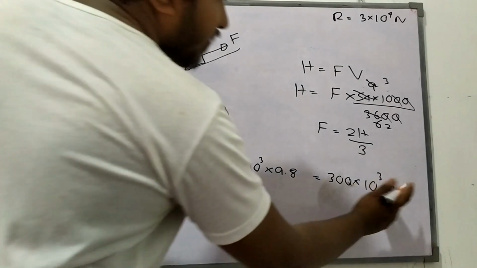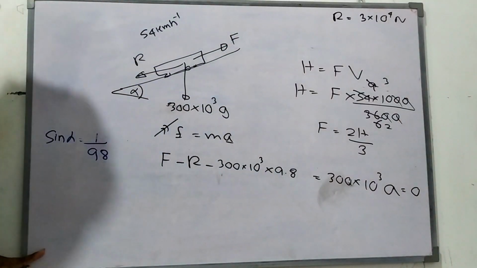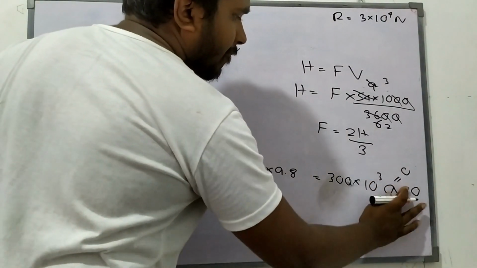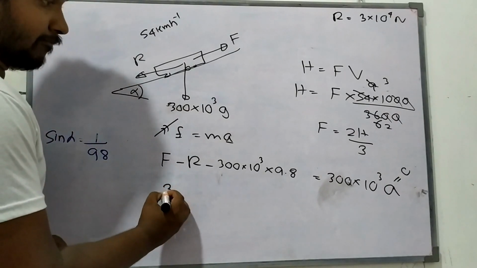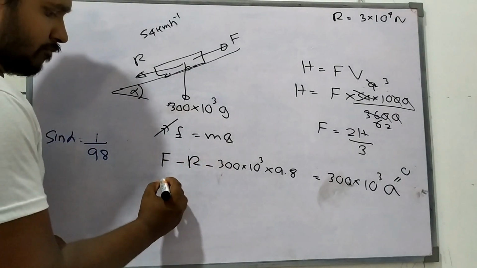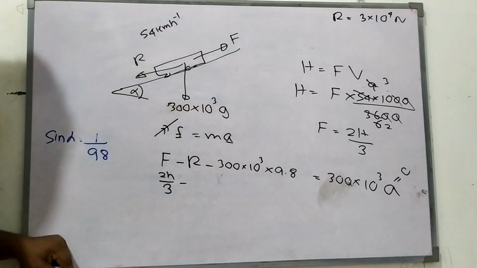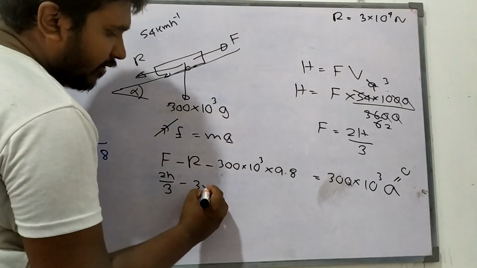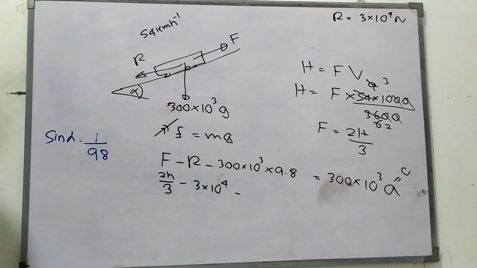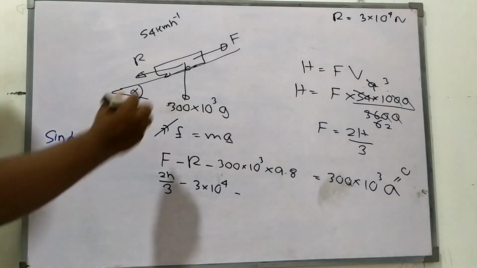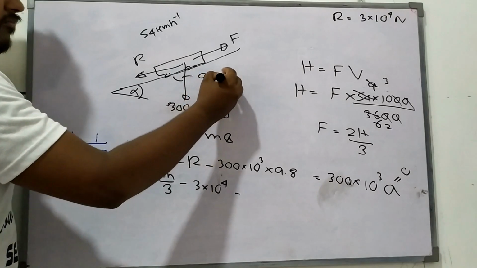Actually, the acceleration is 0. This is 0, right? Minus R in 3 into 4. This is sine alpha. 90 minus alpha, no?